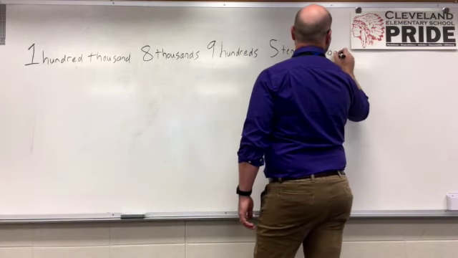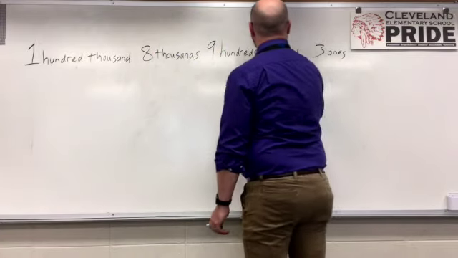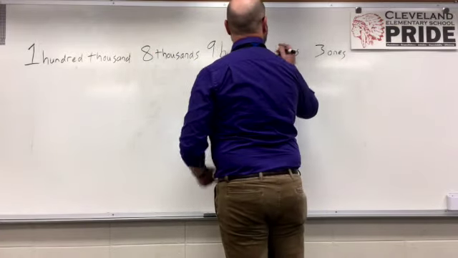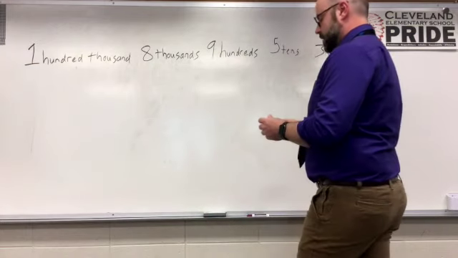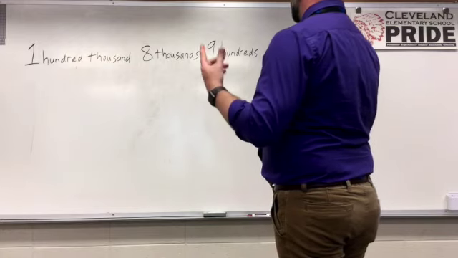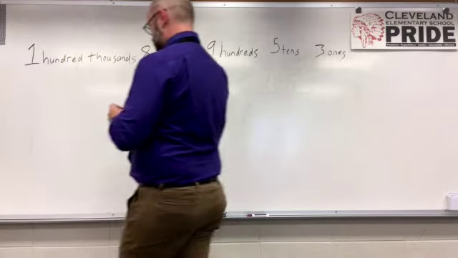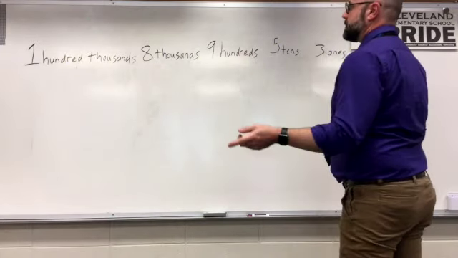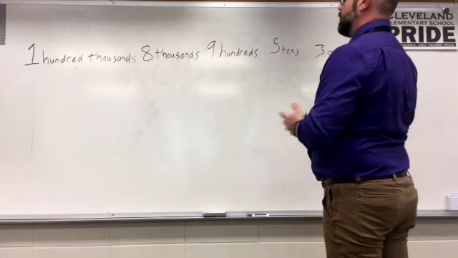And 3 ones, we'll say. I am terrible. By the way, you guys don't know this because you don't see me every day, but I am terrible at drawing 5s. Usually it takes me like 2 tries. I don't know why. All right, 100,000s, 8,000s, 900s, 5 tens, 3 ones.